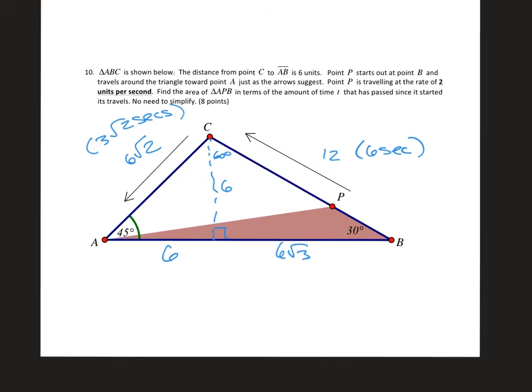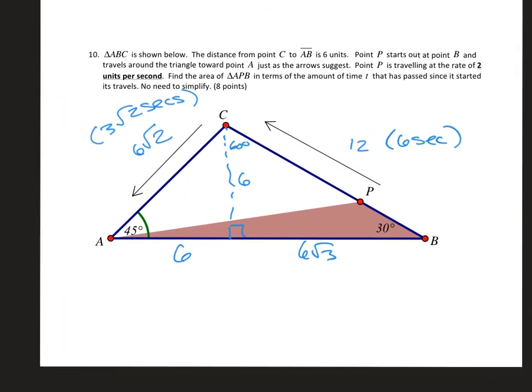And there's going to be a different formula I'm going to use for the area when we're going from B to C versus C to A. So let's start by breaking up the two different pieces in terms of time.